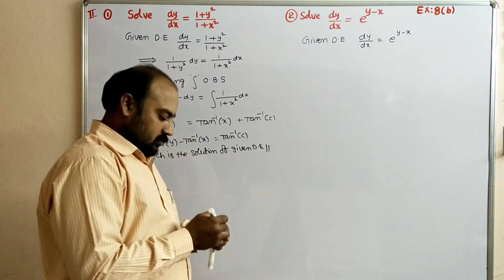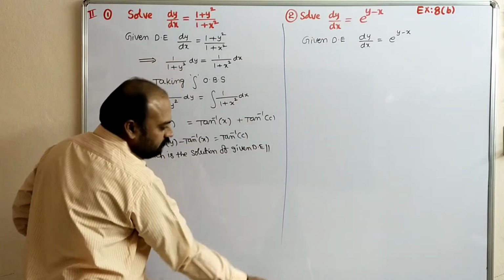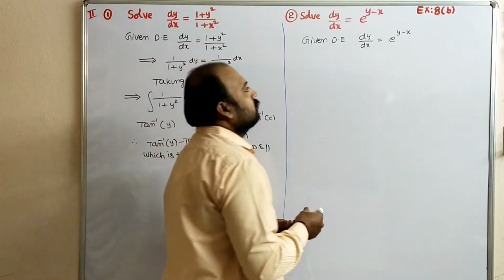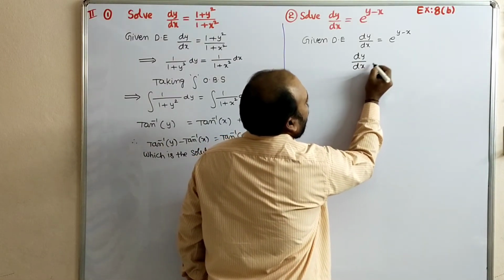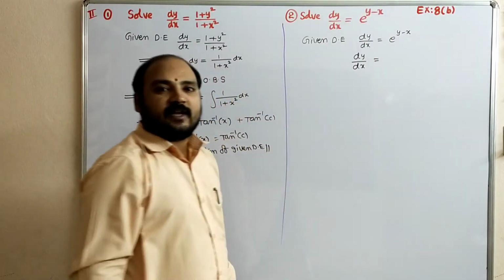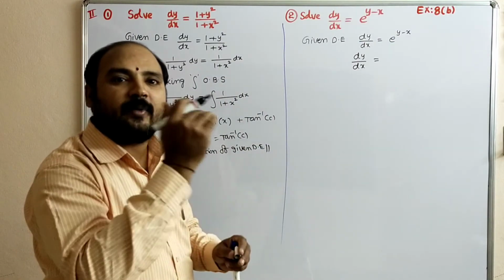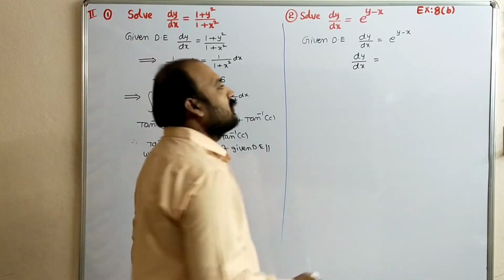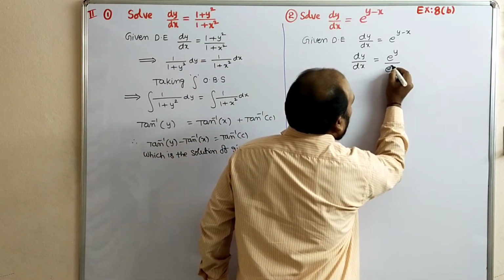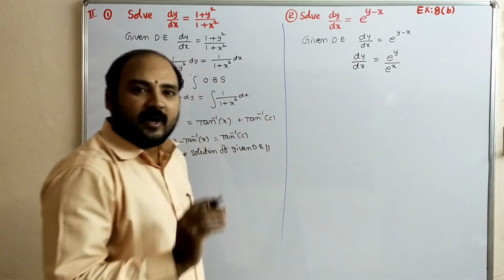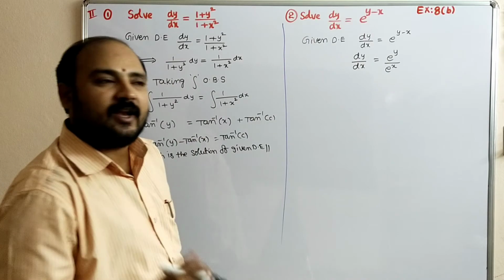After that, dy by dx equal to e power y minus x, it is in the form of a power m minus n, a power m by a power n. So e power y divided by e power x. We applied the formula a power m minus n is a power m by a power n.